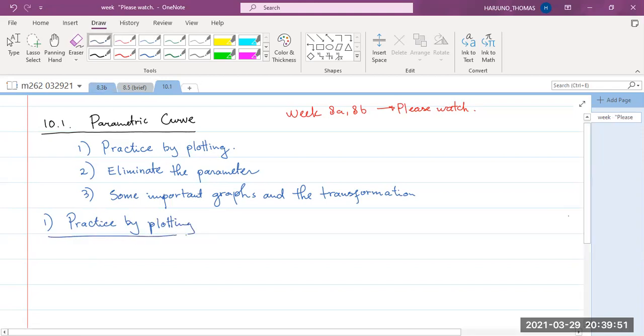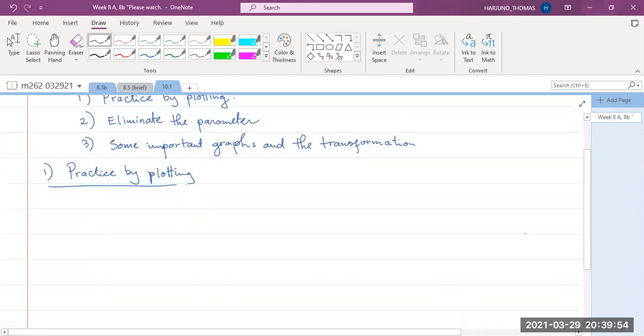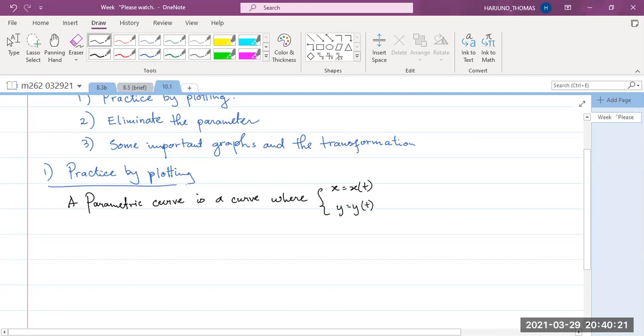Okay, here's the idea. A parametric curve is a curve where the x is a function of time, the y also a function of time.